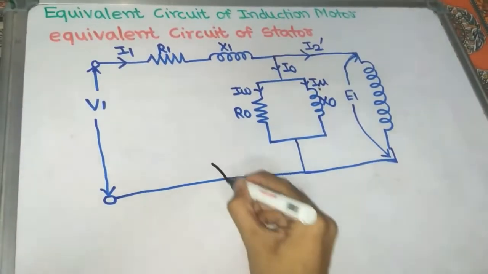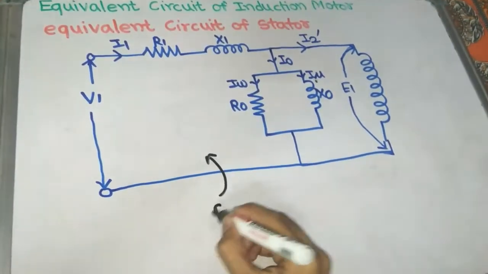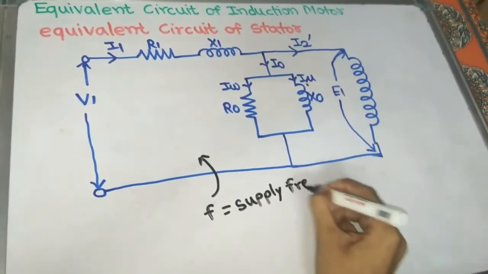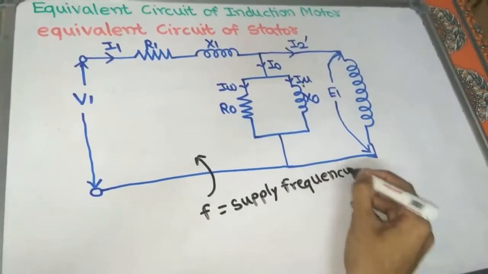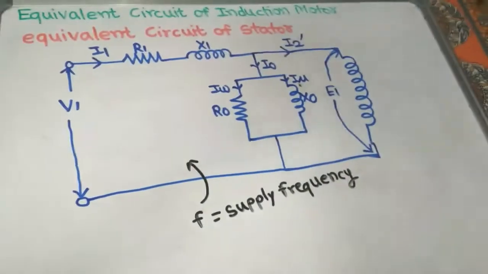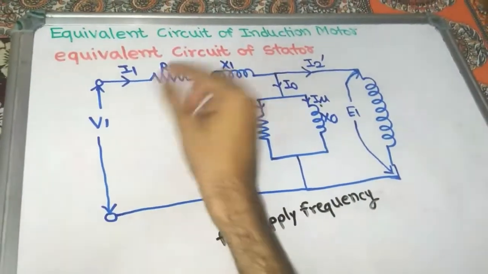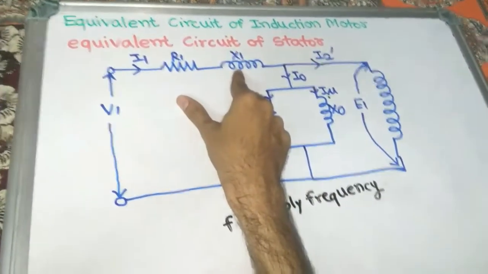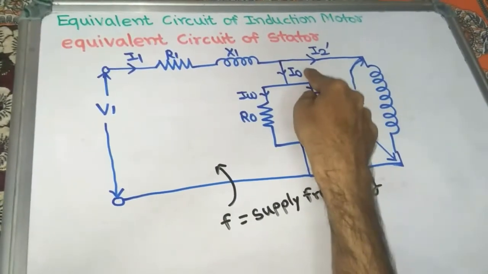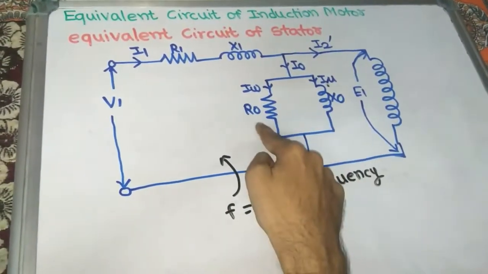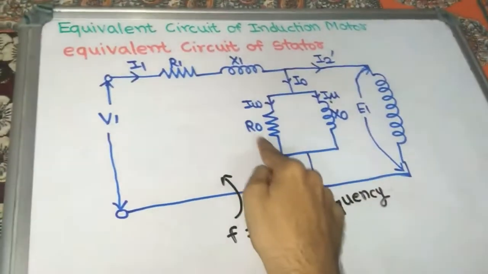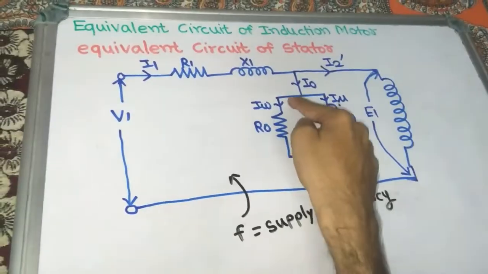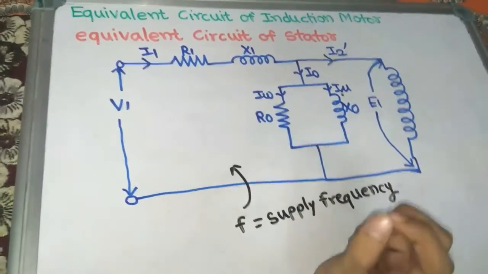And what about the supply frequency? Here f is the supply frequency in the stator, because in the stator there is a constant frequency of 50 Hertz. R1 is the stator resistance per phase, X1 is the leakage reactance of the stator per phase, I0 is the no load current per phase, R0 is the component for supplying the core losses, and the current flowing through R0 is Iw, the working component of no load current.